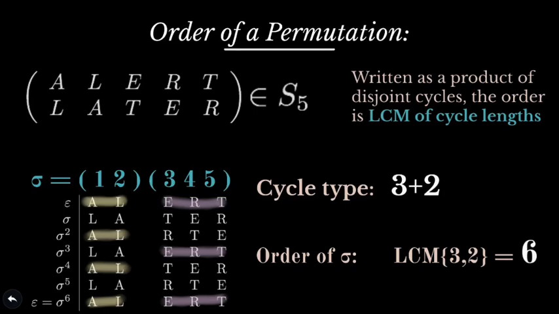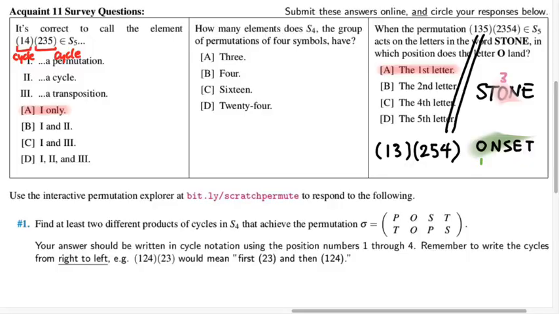So as soon as I know what the cycle type of a permutation is, that completely determines the order. That also means that any 2-cycle composed disjointly with a 3-cycle will have order 6. So it doesn't matter that this is 1, 2, 3, 4, 5 instead of 2, 5, 1, 3, 4. As long as the cycle type is the same, that determines the order, the least common multiple of the cycle lengths.